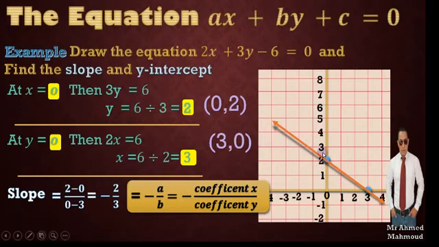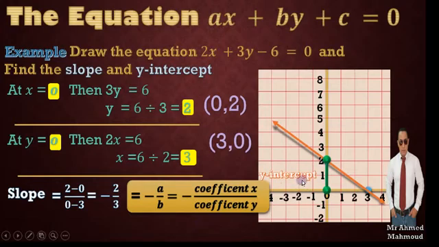Here, the line intersects y at the point 2. What is the distance between 2 and the origin? It's 2 units. This is called the intercepted part of the y-axis. So, if he asks me what is the intercepted part of the y-axis, it equals 2 units.